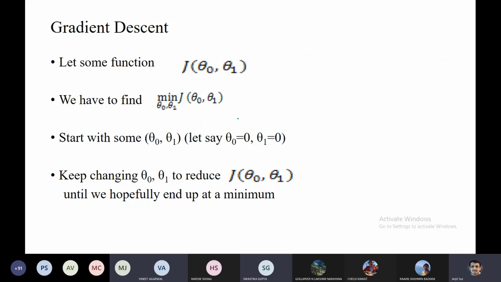Okay, so the algorithm to find the surface minima, or local minima, we call this algorithm gradient descent, or in short the GD algorithm.